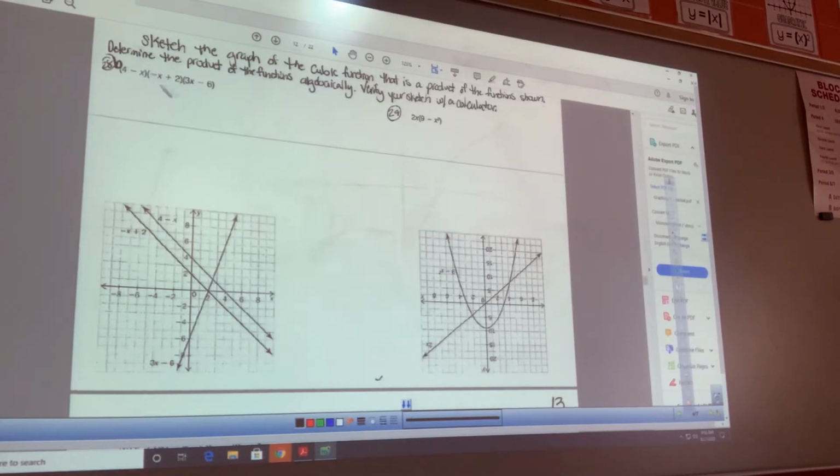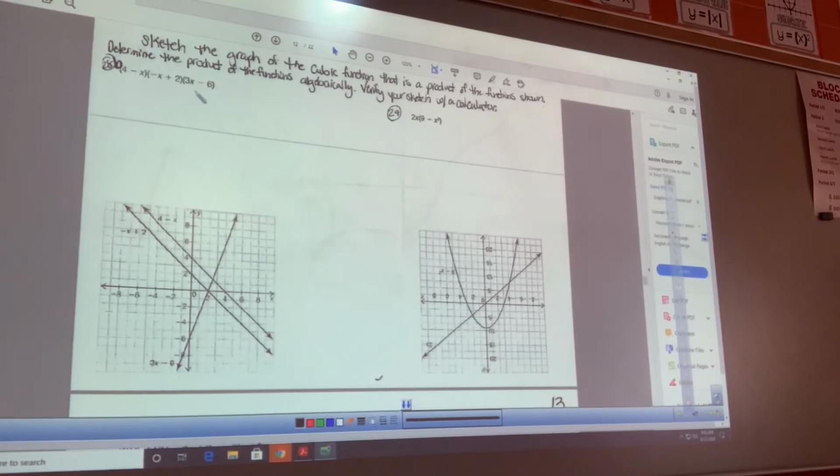All right, this one has linear terms. Here are the graphs of those linear terms: x minus 2, 4 minus x, and 3x minus 6. When we multiply those out, and that's what it wants you to do, is determine the product of the functions algebraically.